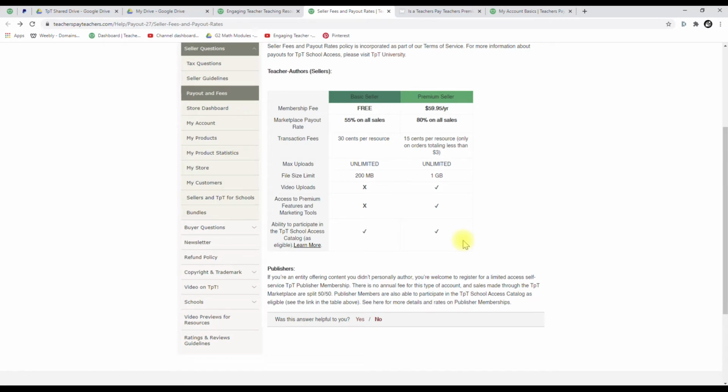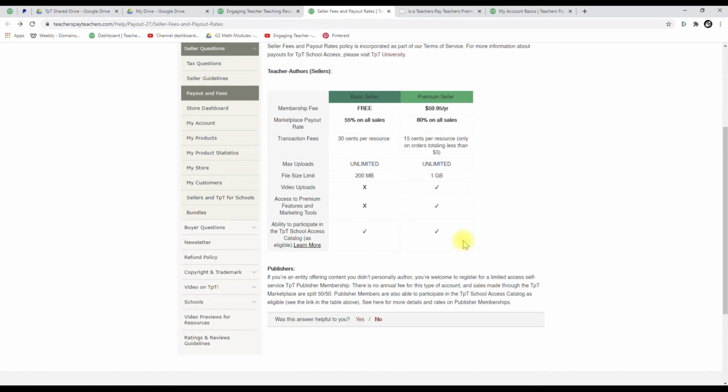So if you have a $3 product, then you'll just have the 80%. But if you have a product that's $2, you'd get 80% and then minus 15 cents again for that transaction fee. So it looks like it kind of makes sense if your products are big or involved to make sure that you price them $3 and up if you're a premium seller.